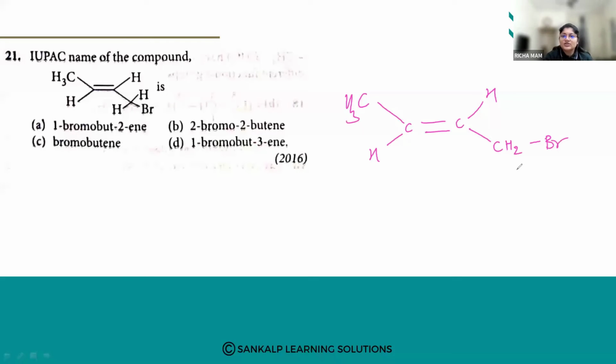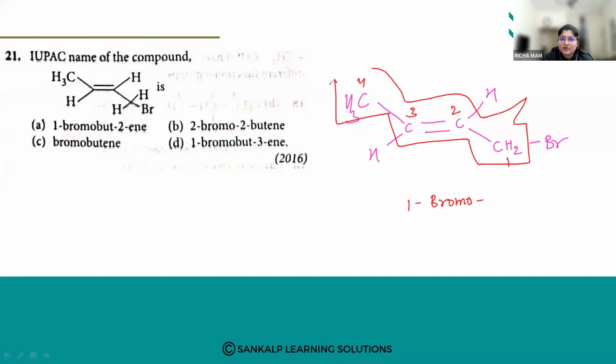So this is the structure. We have numbered it 1, 2, 3, and 4. Then it is 1 bromo, and at the second position you have the double bond. The parent chain is but, so but, then 2-ene. So option A is the answer.